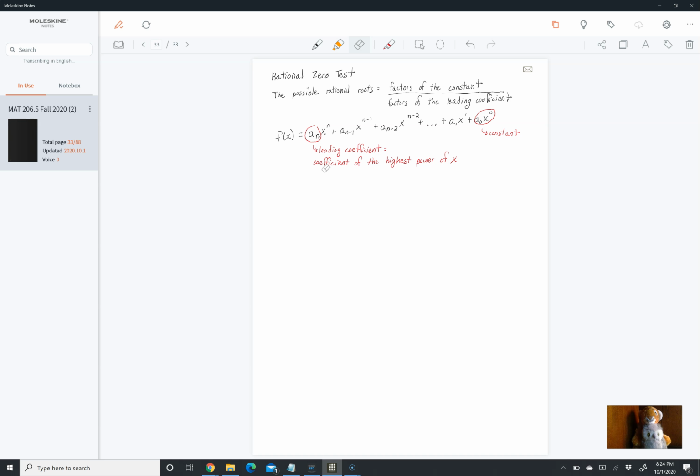So for each of the following polynomials, all we're doing is finding the possible rational roots. And remember, that's the same thing as the possible rational zeros.